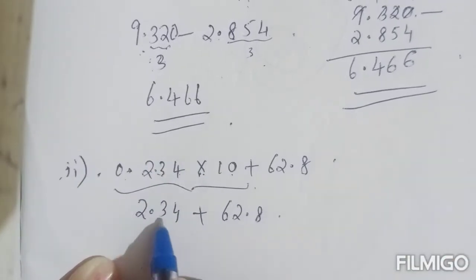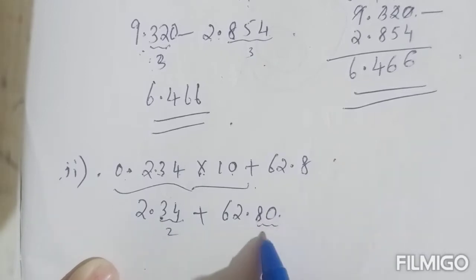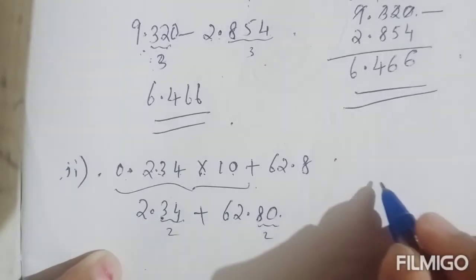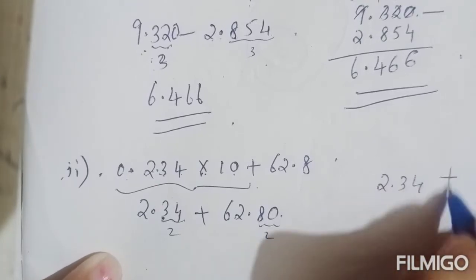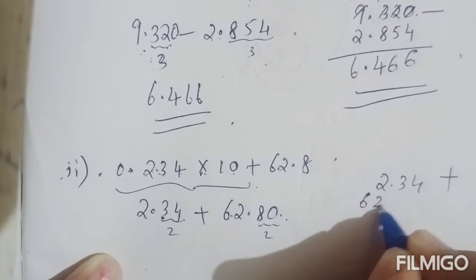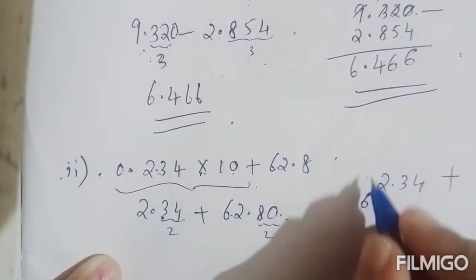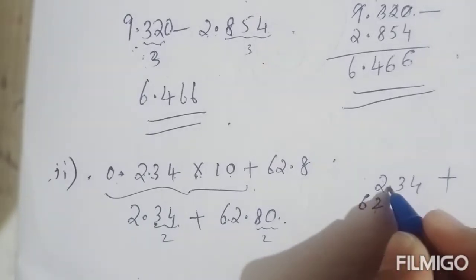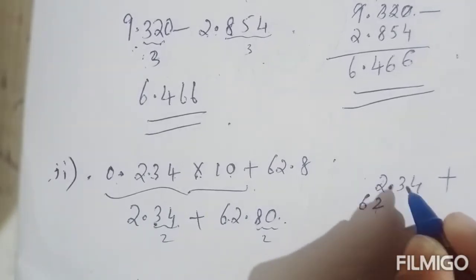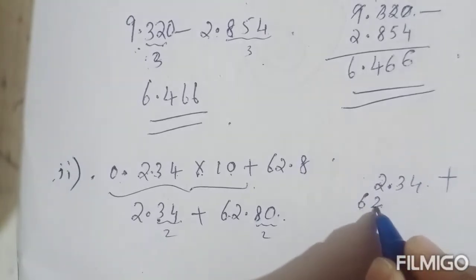So 0.234 into 10 is 2.34, plus 62.8. Here 2 decimal places, here only 1, you can put 0 here. So 2.34 plus 62.80. Here 62 you have to write like this, 1's place digit should come in the same column, 10's place should come in the same column. In 2.34, 2 is in 1's place, and in 62, 2 is in 1's place.